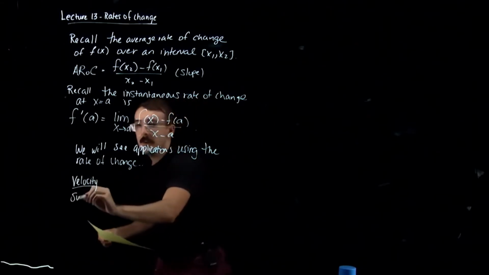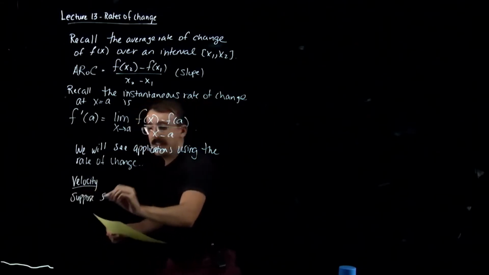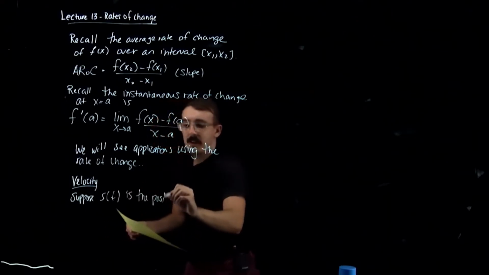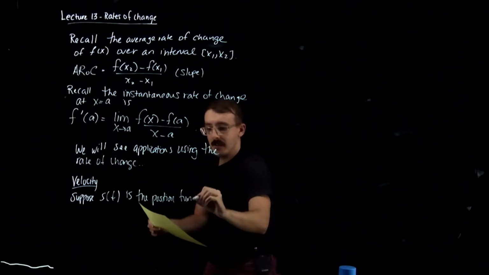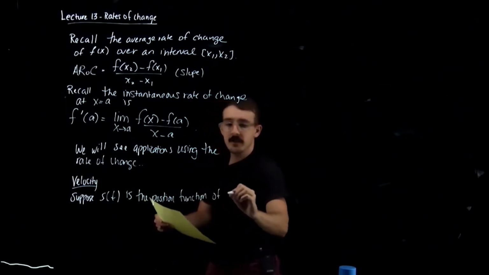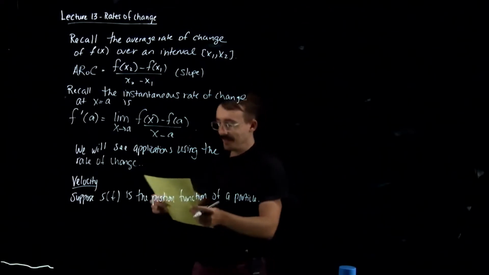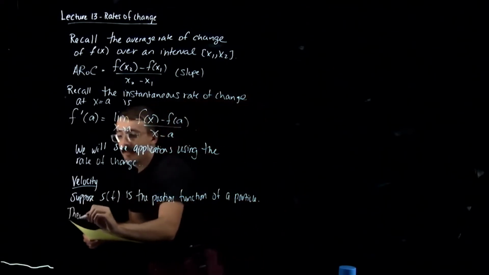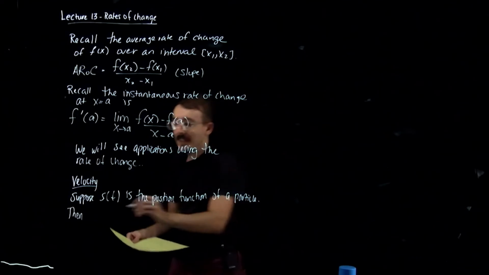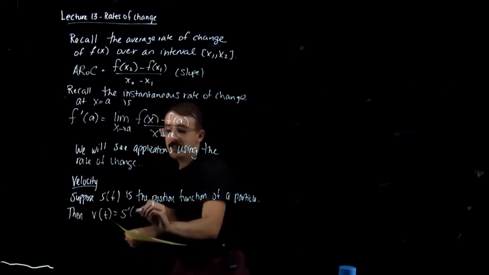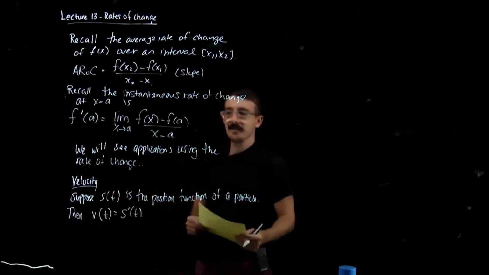So we're going to suppose that s of t is the position function of some particle, something that's moving in space. Then we know from our previous lecture that the velocity of t is equal to the first derivative of the position.